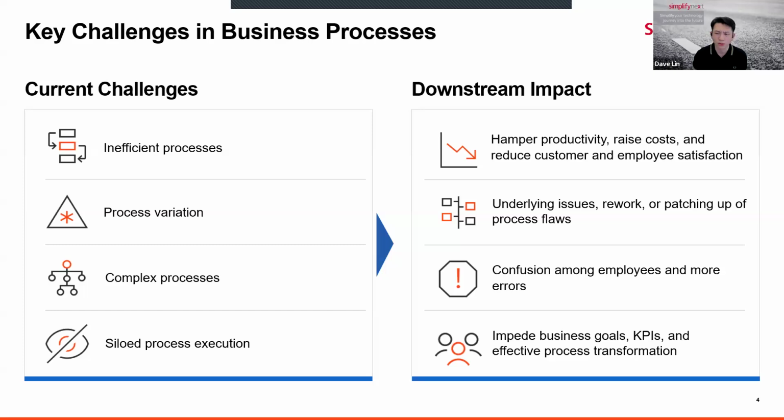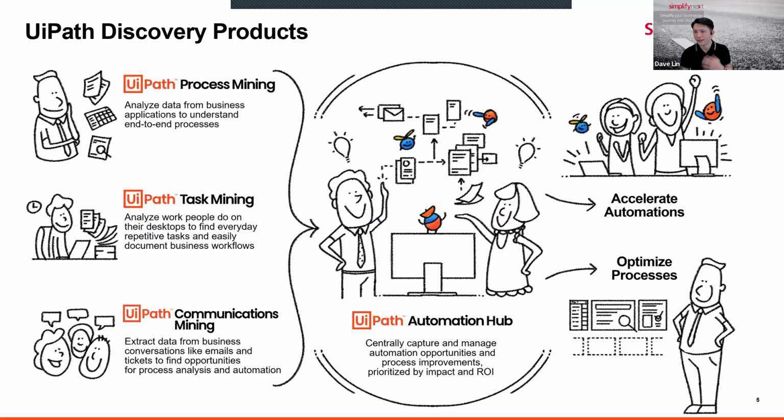The key to solving this problem lies in having a tool that can automatically discover these underlying concerns. Within the UiPath product family, there are several discovery products that can be tailored to meet specific needs. We do not need to implement every one of them, but we can pick and choose which product would meet our needs.